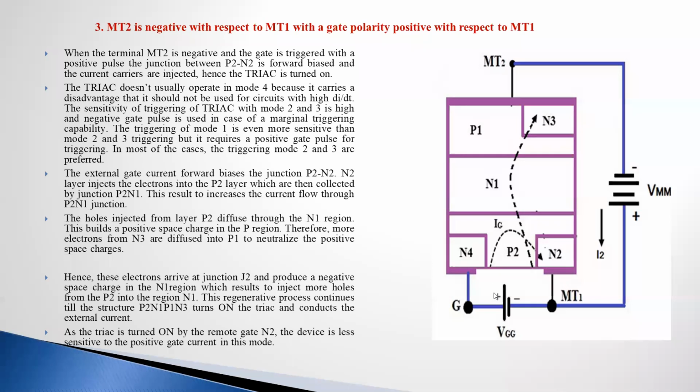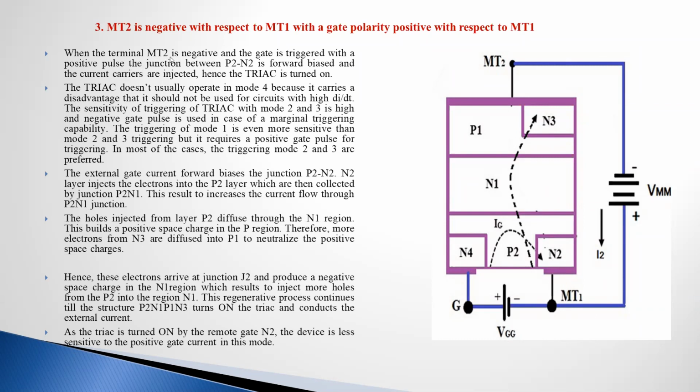So how will the current flow here? Positive to negative, from the positive terminal to the negative terminal, from MT1 to MT2. Clear? But see the operation, how the current starts to flow.